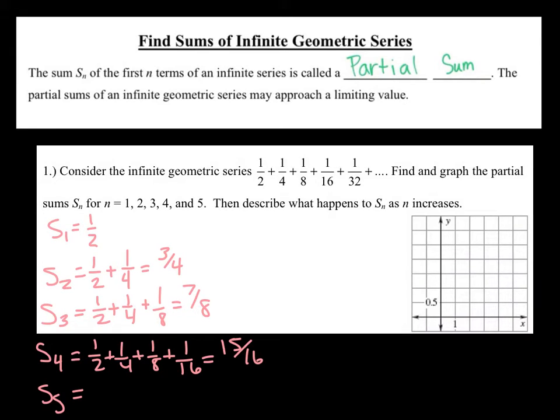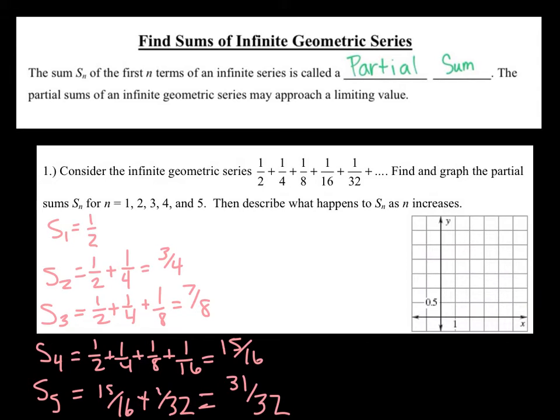You don't have to write out every single term. If you know that the sum of the first four terms is 15/16, well, that's that sum, plus the fifth term, which is 1/32. So the sum of your first five terms will be 31/32.